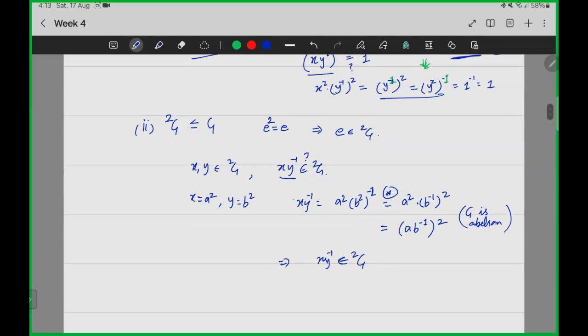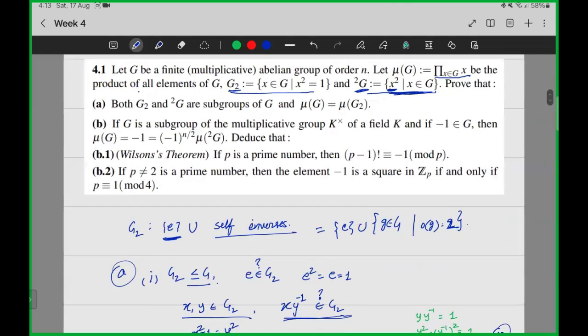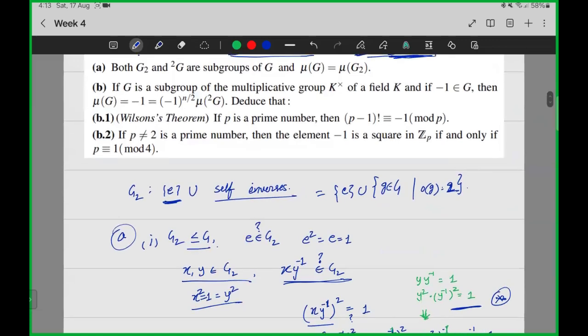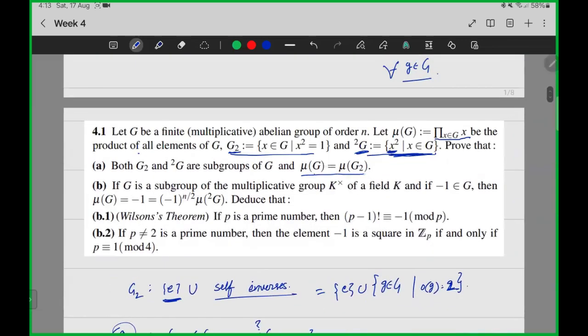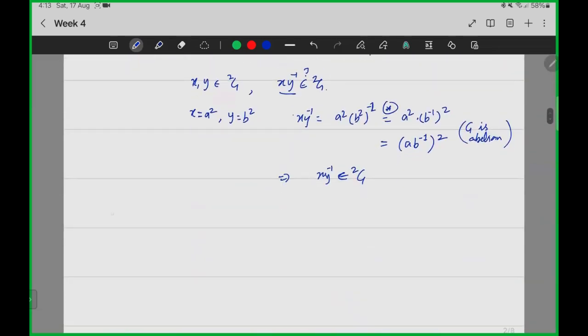X Y inverse is the square of something, so it belongs to 2G. So we have shown the first part of the first question, and in the second part we have to show that mu of G is the same as mu of G2.